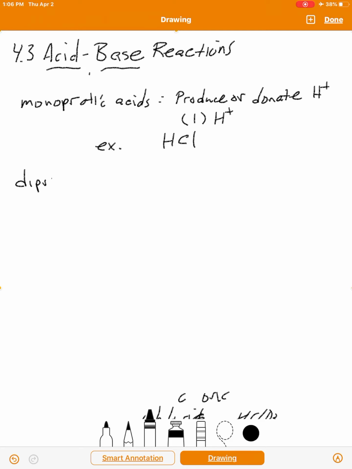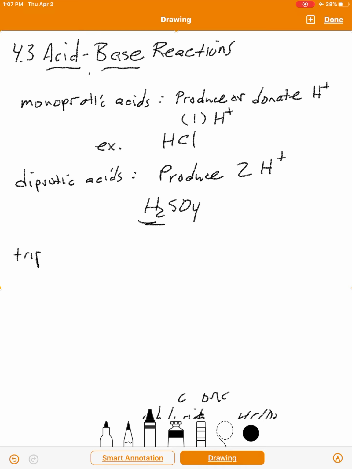There are also what are called diprotic acids. Well, you can imagine what di means, two, right? These produce two H+ ions. An example of that would be H2SO4. H2SO4 has two hydrogens with which it can donate an H+. And there are what are called triprotic acids. These ones produce or donate three hydrogen ions. An example of that would be H3PO4.